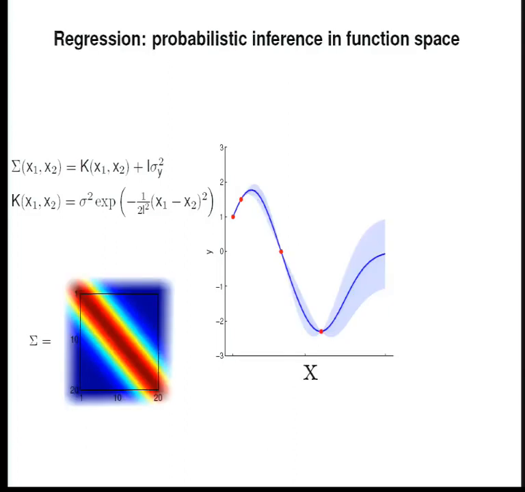This recipe up here for producing the covariance matrix just needs to know how far apart in X space the 2 points are. It doesn't need to operate on this discrete grid. And so what we've ended up defining here is a way of performing nonlinear regression on inputs which can take continuous values. They're not just restricted to a discrete index set.